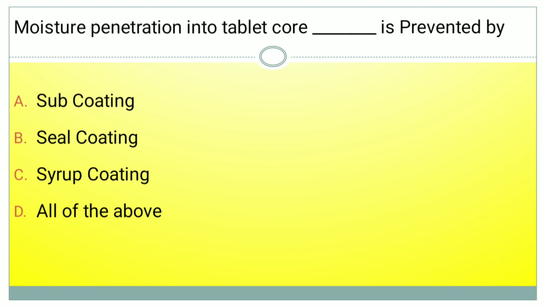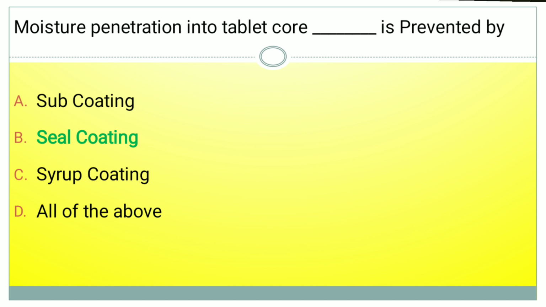And the right answer of this question is seal coating. Let me tell you that shellac and zein are the two widely used seal coating materials. However, shellac has a limitation that it undergoes polymerization, resulting in an increase in dissolution time on aging.